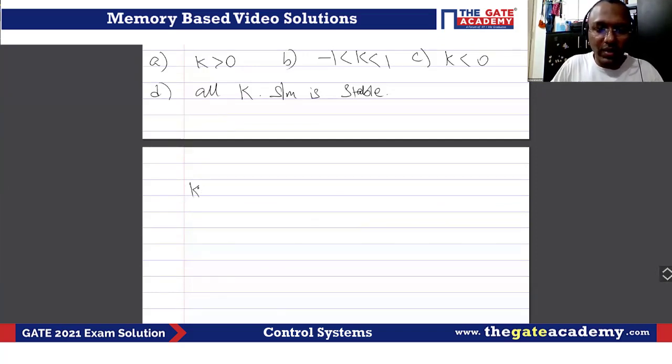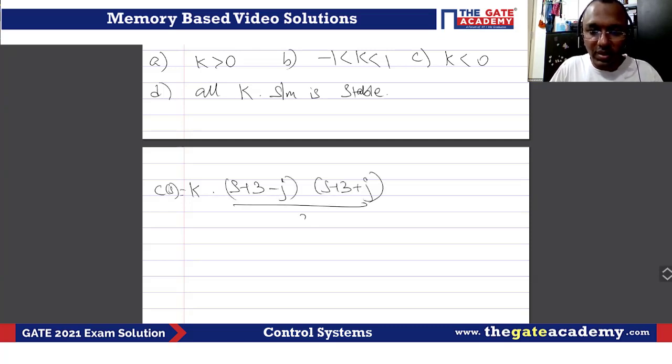So let us look at our C of S. C of S is given as K into (S plus 3 minus j) into (S plus 3 plus j) divided by S, right? Let us simplify this. I'm going to put another set of brackets around this and write this with conjugate terms, S plus 3 minus j and S plus 3 plus j.